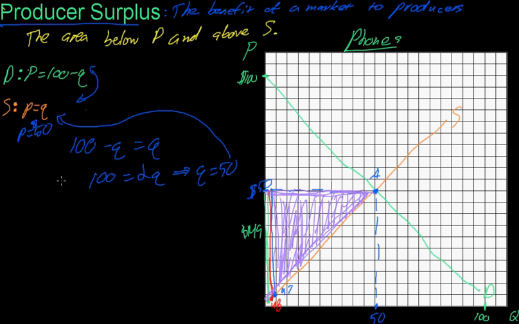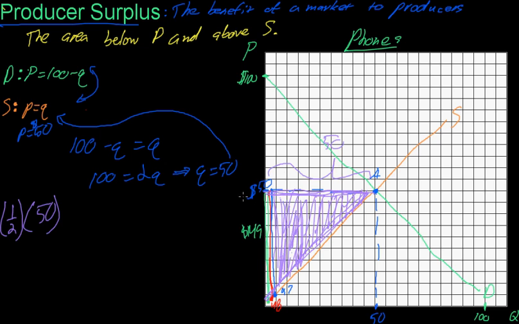So now let's just calculate what producer surplus is in this market. And since we have a triangle, we're just going to use the area of a triangle, which is 1/2 times the base, which is from here to here, which is 50 units, because we found out that equilibrium quantity is equal to 50.